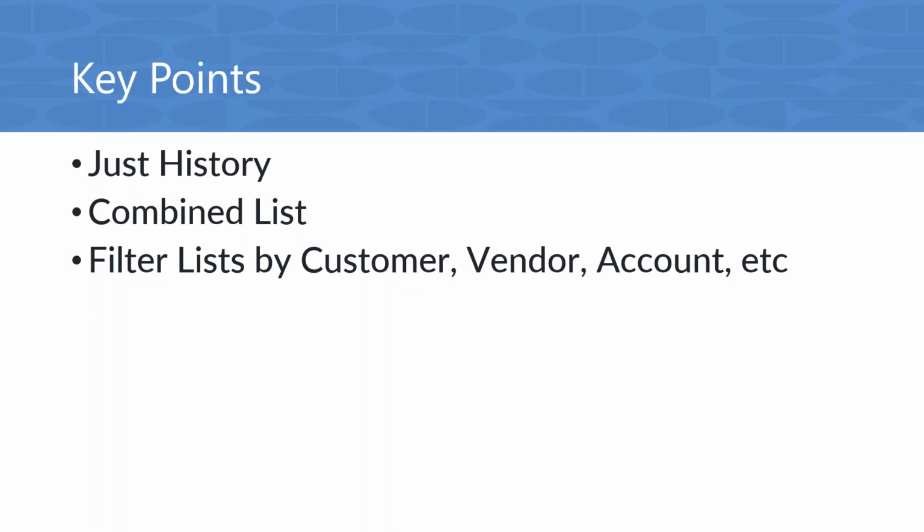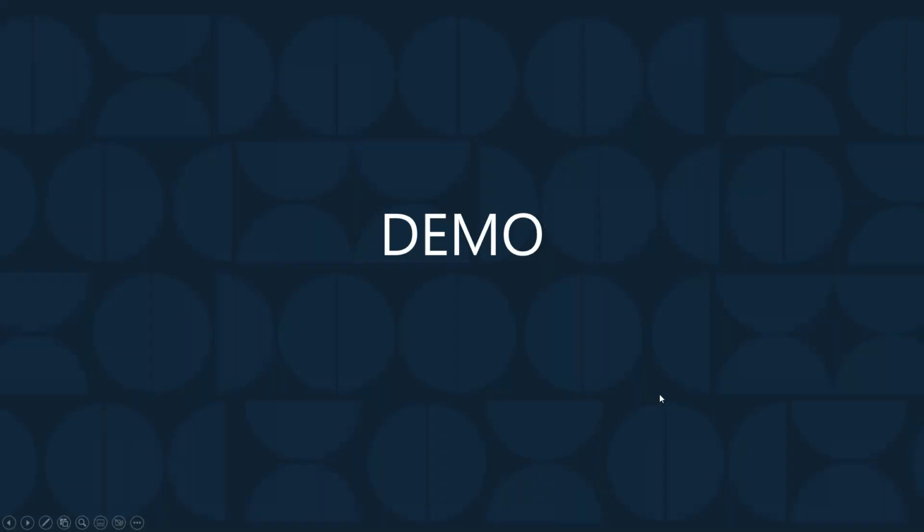To me, that's where there's a lot of value, presenting it very specifically on what history we need to see. Okay, so let's jump in and see some data right inside of the Acumatica interface.